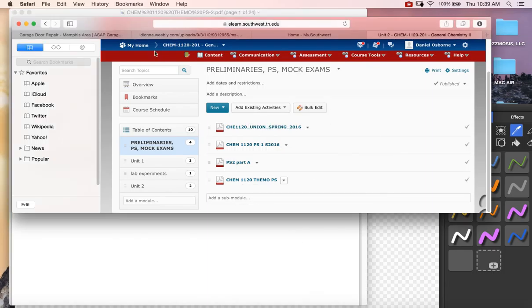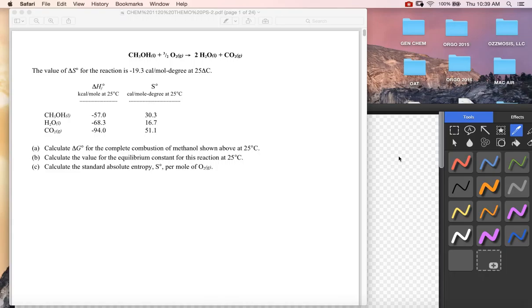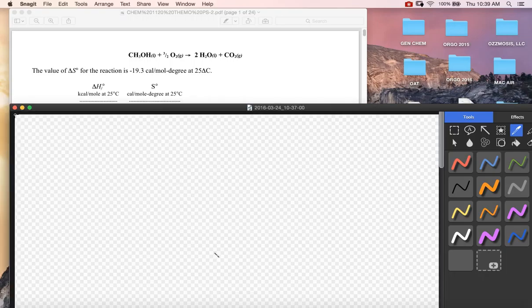Okay, here we are. So we have the following equation. We're looking at the combustion of methanol. So we have CH3OH that's in the liquid state.